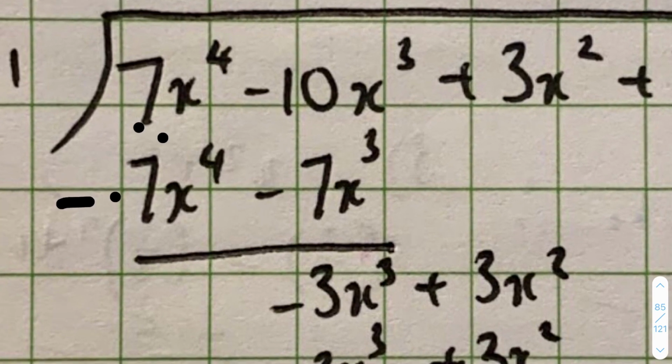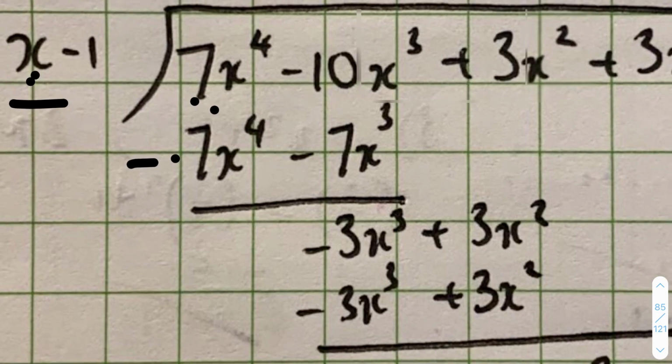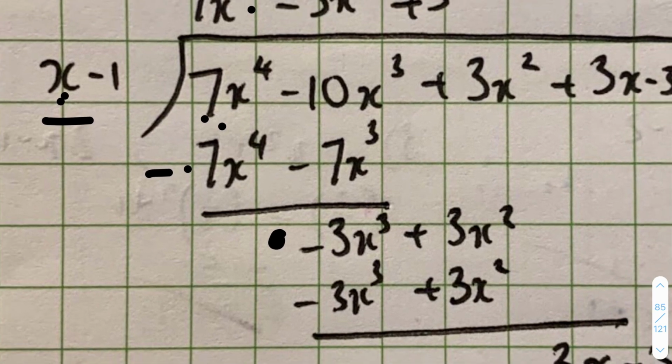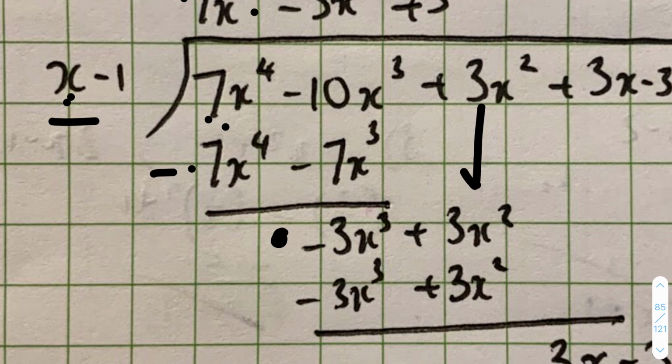7x to the power 4 minus 7x to the power 4 will be 0. And minus 10x cubed minus 7x cubed will be minus 10x cubed plus 7x cubed, which is minus 3x cubed, which is right here. After that, we just drag this value down to get minus 3x cubed plus 3x squared.